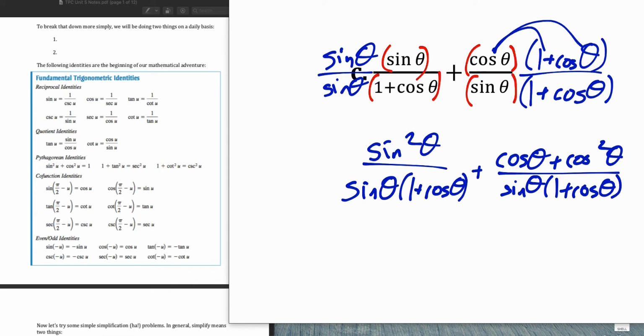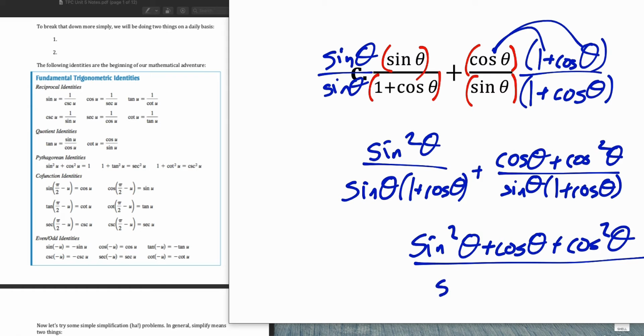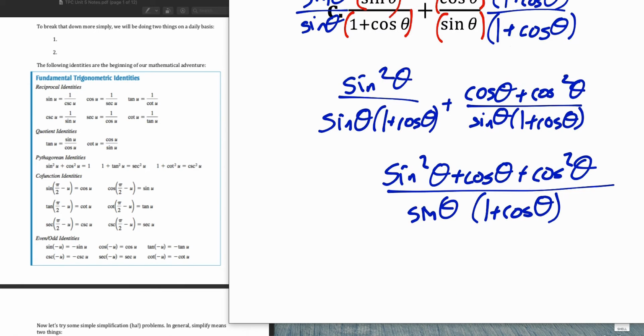Now that we have a common denominator, we can add these two fractions together. We're going to do sine squared of theta plus cosine of theta plus cosine squared of theta all over sine of theta times 1 plus cosine of theta. Now that numerator, I'm going to reorganize a little bit so that we have a bunch of addition up top.